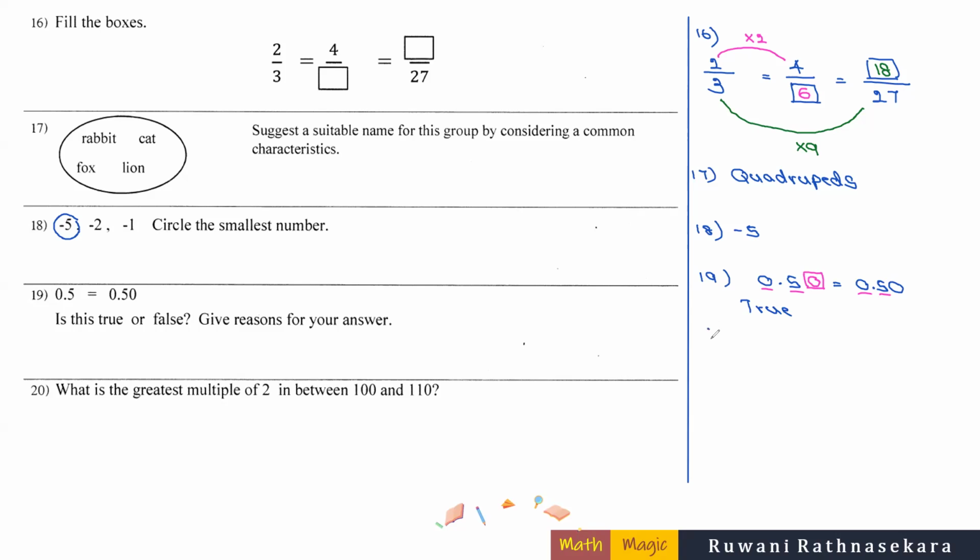Though there's no second decimal place in 0.5, it has 0 as its second decimal place.